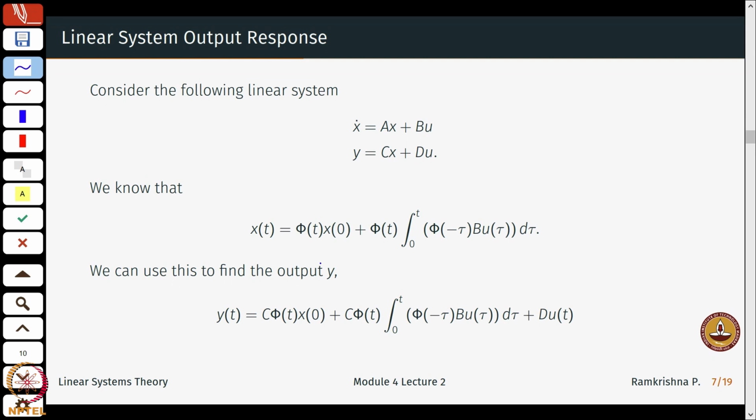Okay, so once I know this, I can compute what is x of t. Not only that, if I have the expression for output, where y could be some p-dimensional vector, and C and D being of appropriate dimensions, y can be computed once I know the solution to x. Okay.